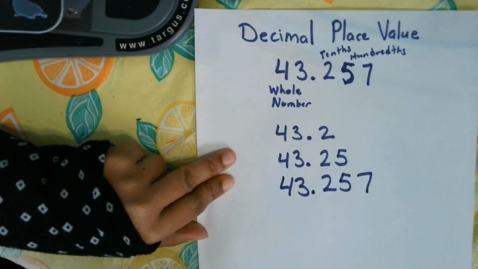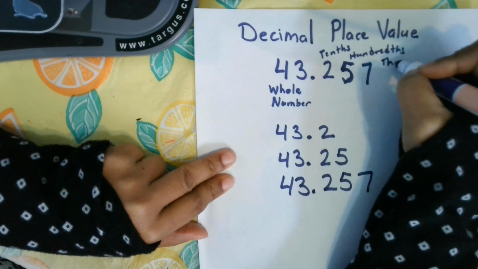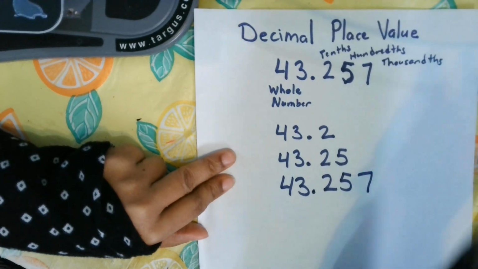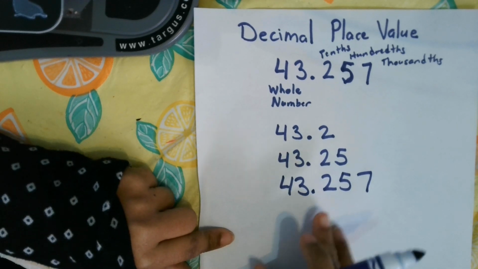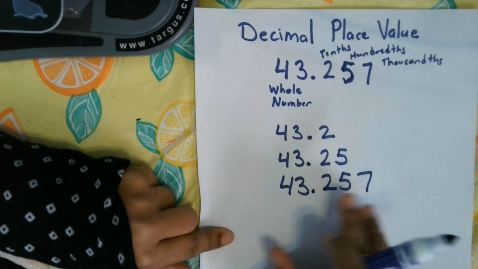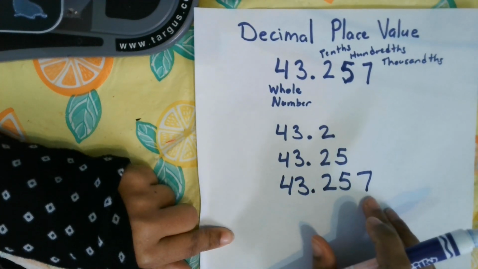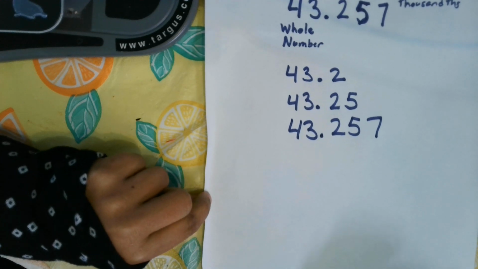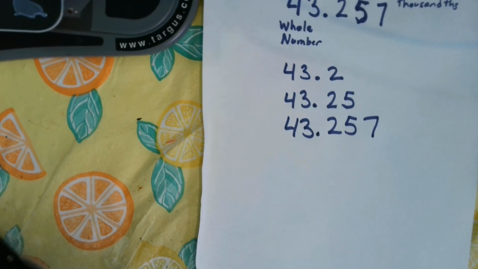So on the decimal side of our numbers, our digits, the last value here is thousandths. So you would say 43 and 257, they kind of all merge together, thousandths, because thousandths is the last place value.